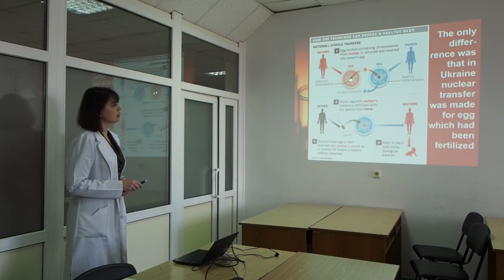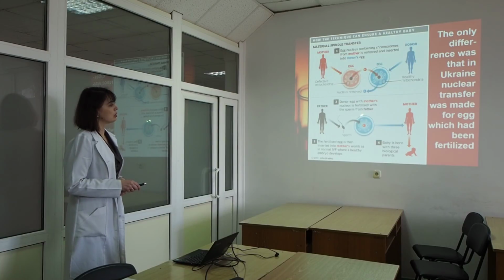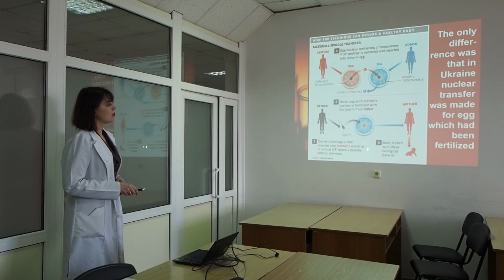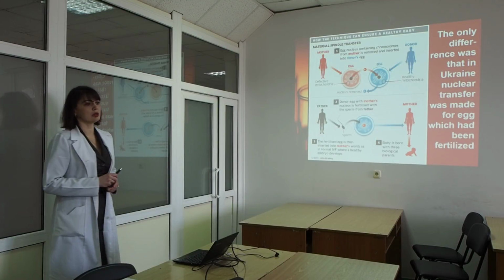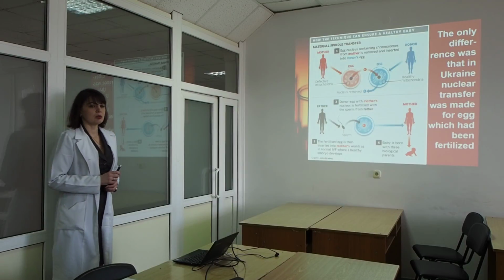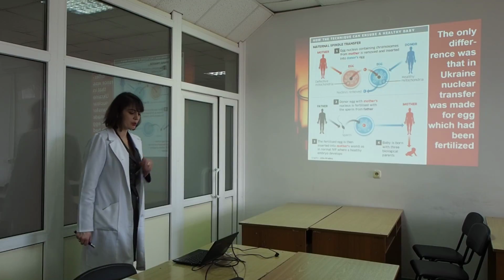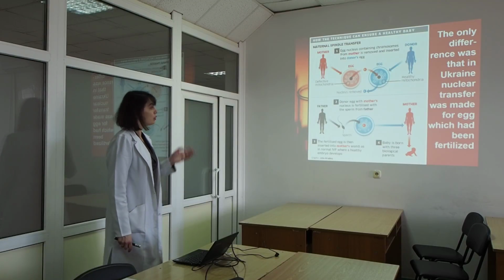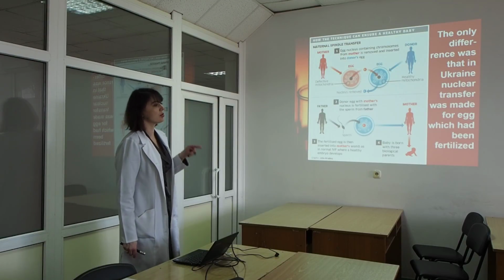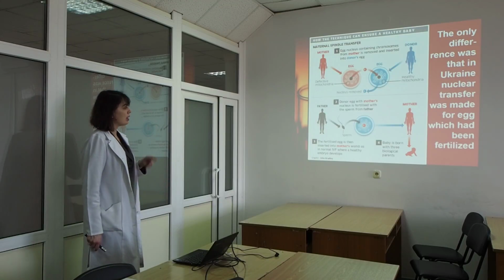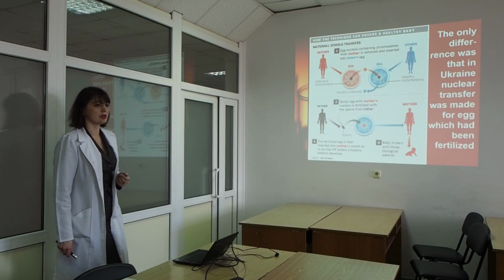But the mother's nucleus is taken again. Donor's mitochondria, donor envelope, let's say like this, and sperm from the father. The baby is born with 3 biological parents. Mitochondria from one mother, nucleus from the true mother, who will be responsible for the pregnancy also, and sperm from the biological father.